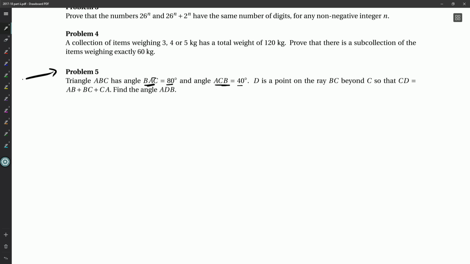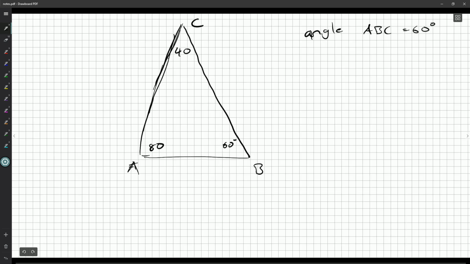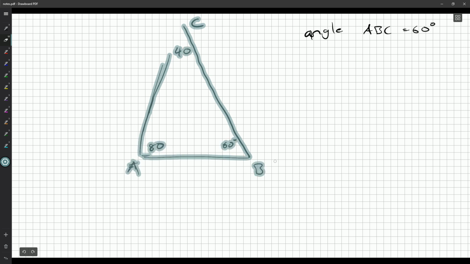Okay, and then D is a point on ray BC beyond C. So actually, I drew this too tall, I guess.